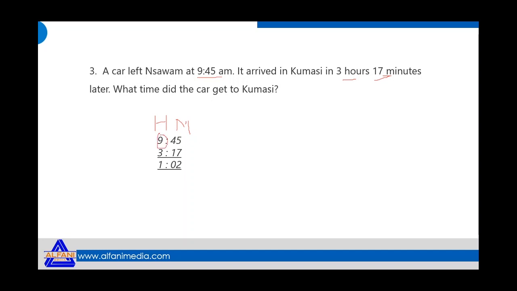So 9 is my 9 hours here, and then the 3 hours also is under the hours column. So I have 9, the hours here, and then the minute. So I start adding each of them. All right. So since it arrived in Kumasi in 3 hours 17 minutes, meaning it took another time to arrive there. So I need to add up all the times.